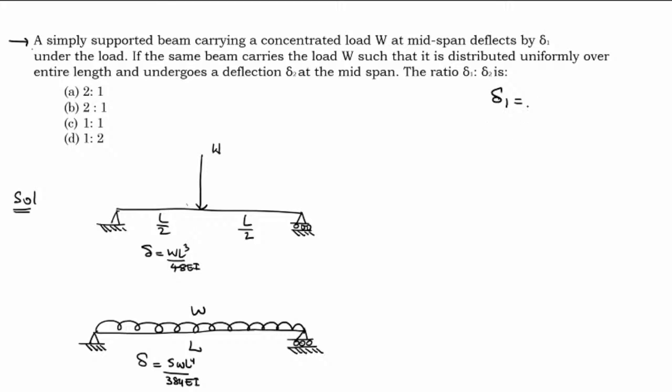So delta 1 is WL cube by 48 EI, and delta 2 we can write as 5 into small w into L, in times of L power 3, divided by 384 EI.